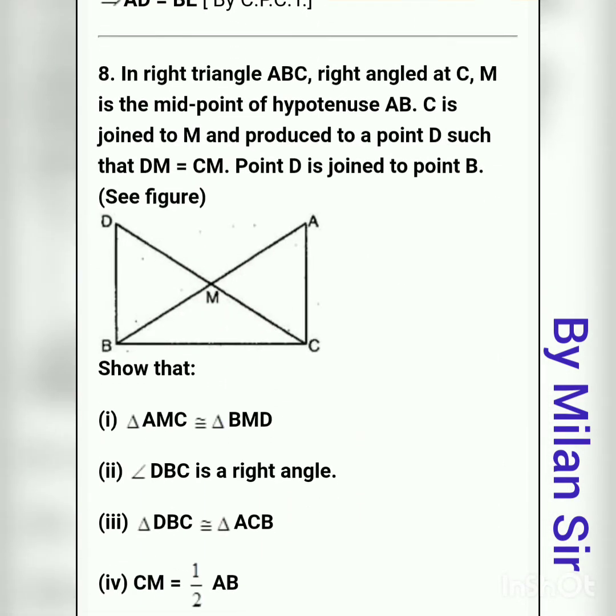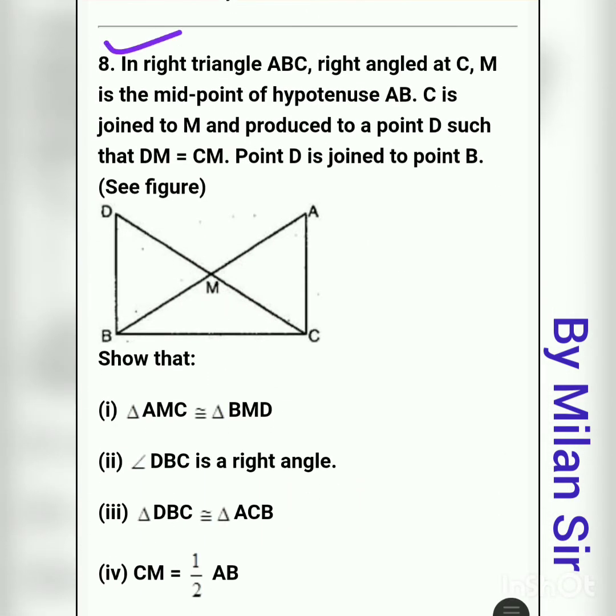After that, question number 8. In right triangle ABC, right angle at C, M is the midpoint of the hypotenuse AB. C is joined to M and produced to a point D such that DM is equal to CM.